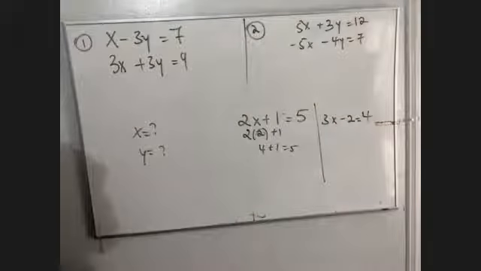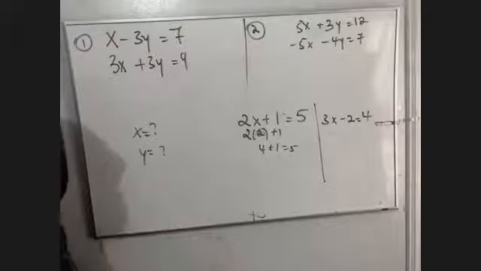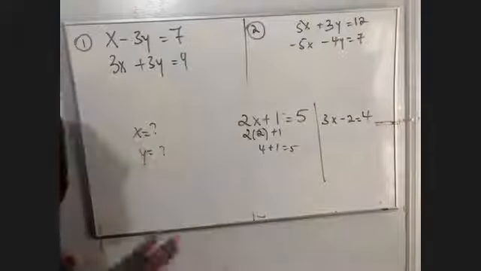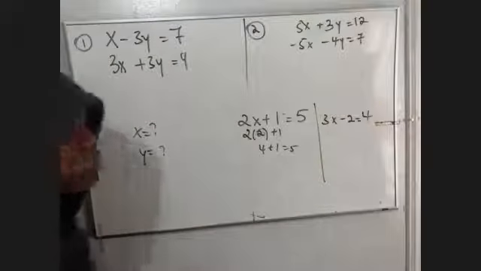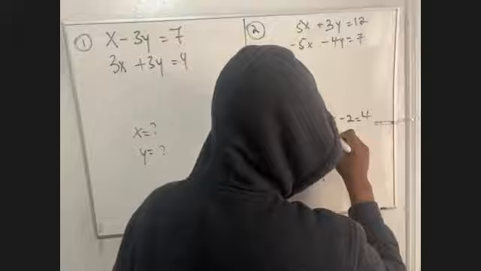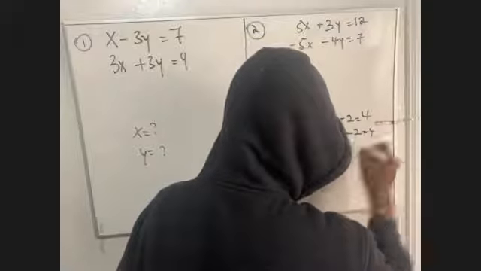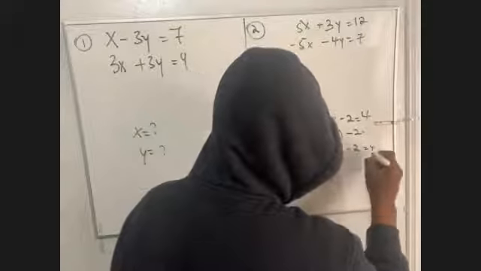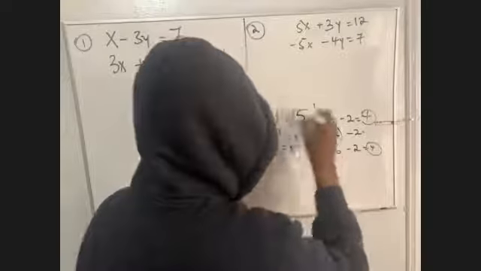It's the easiest way. But guessing the number is very good. The number is 2. Guessing the number is kind of a little bit crazy, you know? I'm not advising you to guess numbers though. 3 times 2 is 6 minus 2 is equal to 4. So we got 4, we got 4, we got 5, we got 5.